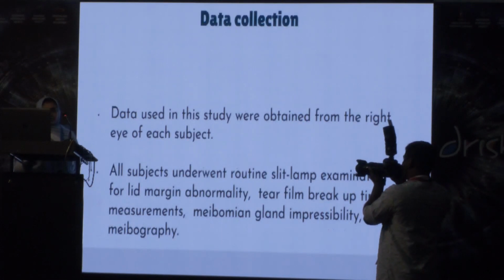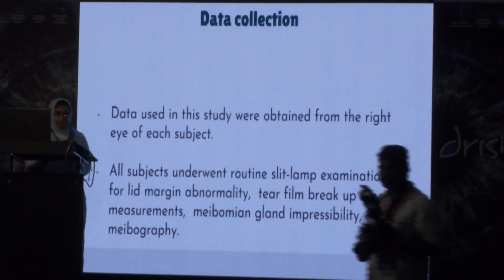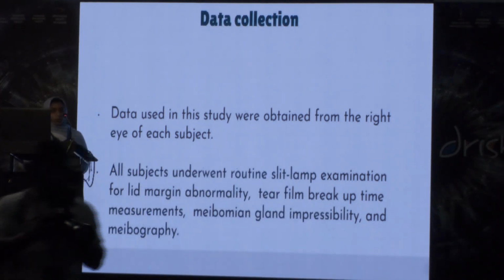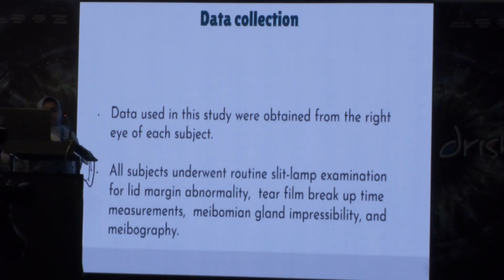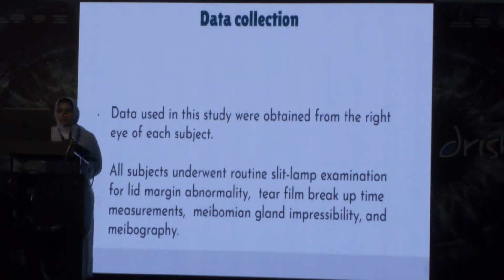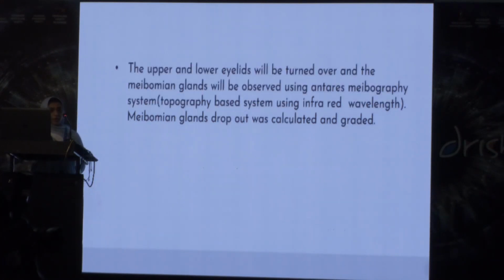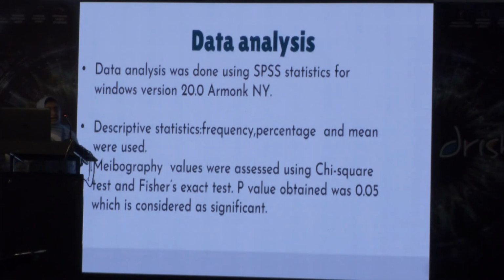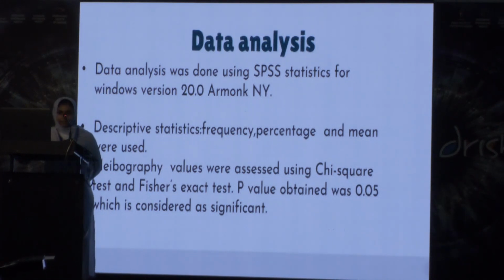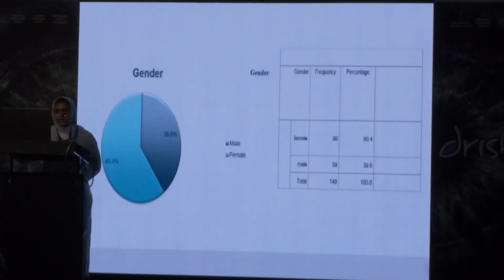The data used in the study were obtained from the right eye of the patients, and they underwent routine slit lamp examination, lid margin abnormality assessment, tear film breakup time, meibomian gland expressibility and meibography. The upper and lower lids both were turned over and looked at.